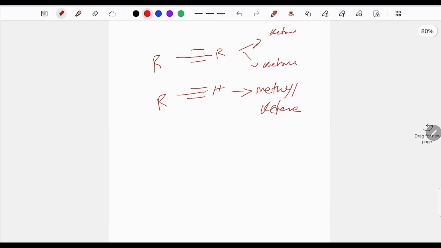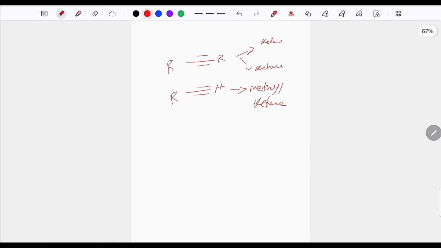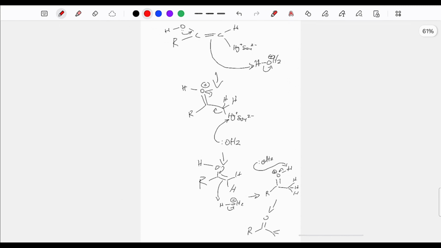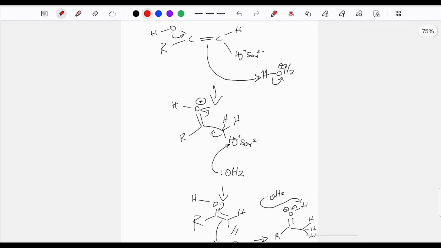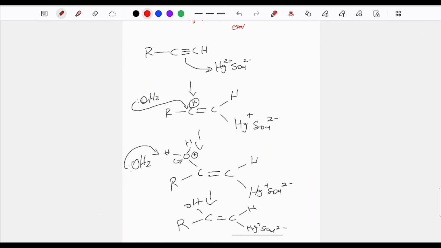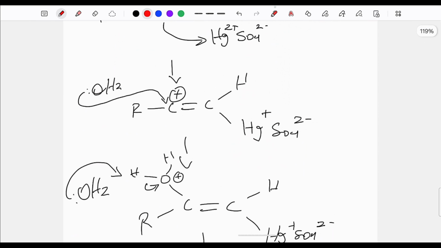So again, the enol intermediate in this reaction tautomerizes to a ketone. Depending on if it's internal or terminal, you might get 2 or 1. The reaction is regiospecific, right? It's Markovnikov. Remember, the hydration adds the OH to the more substituted carbon. If you don't remember, here it is.